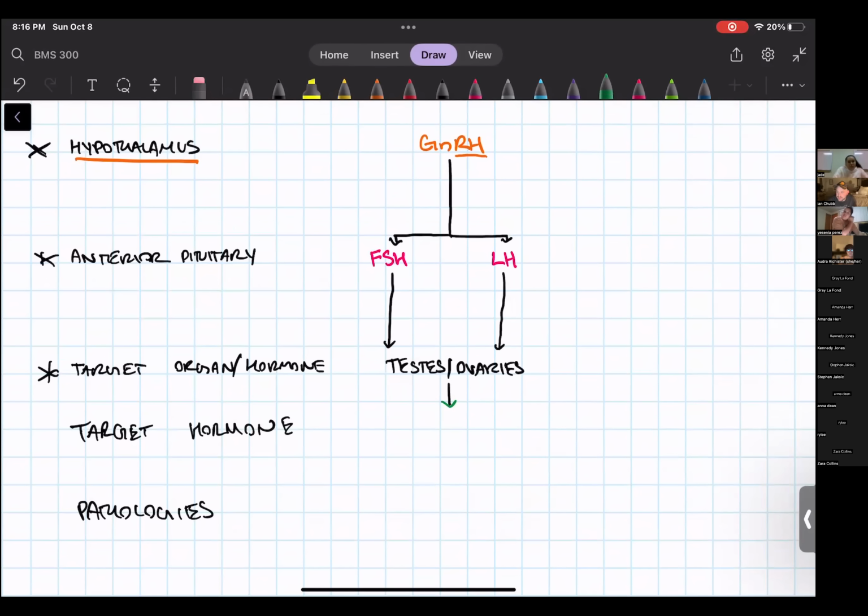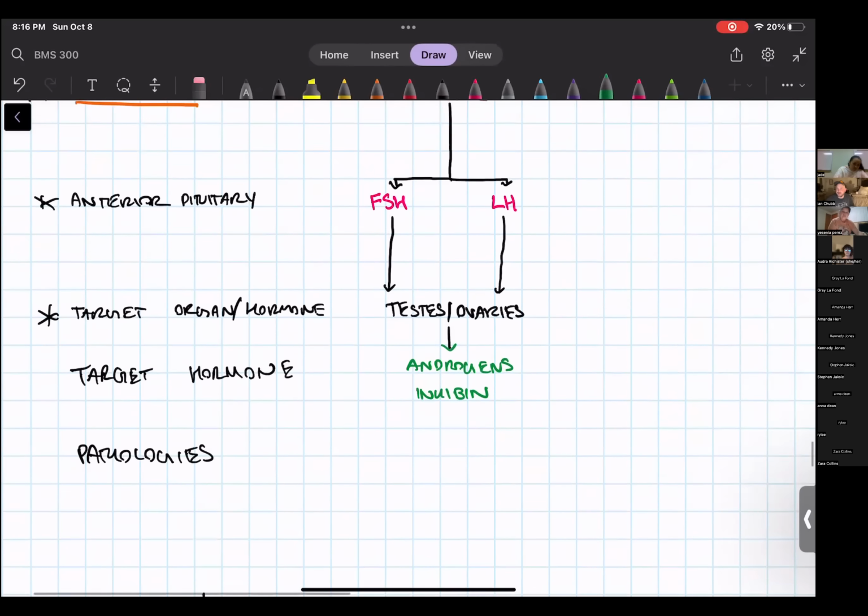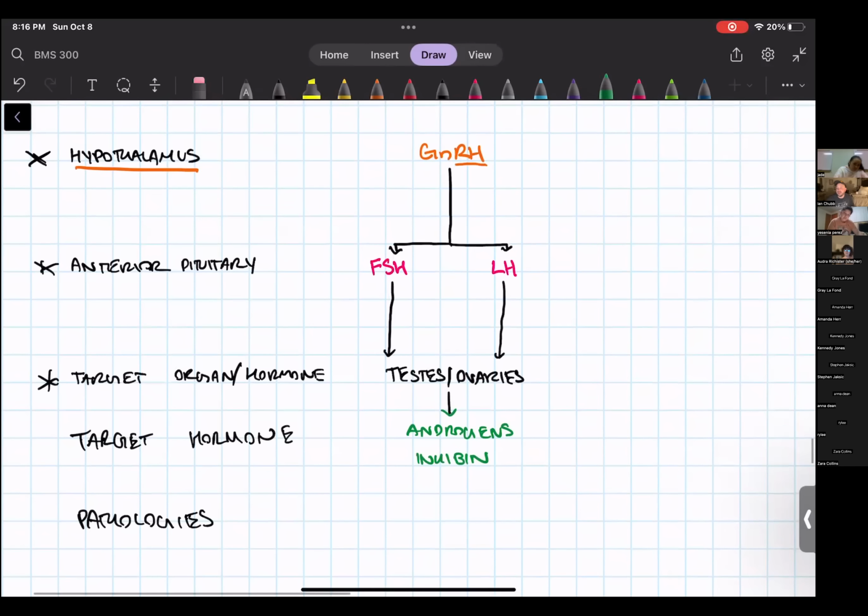And they'll cause certain target hormones, specifically androgens, which are basically testosterone, steroid hormones. Another one is called inhibin. You guys are going to talk about this system a lot more in depth when we talk about reproduction, but inhibin is one that actually negatively feeds back to the loop. But I typically just go with androgens, estrogen, testosterone. Those are kind of the things.